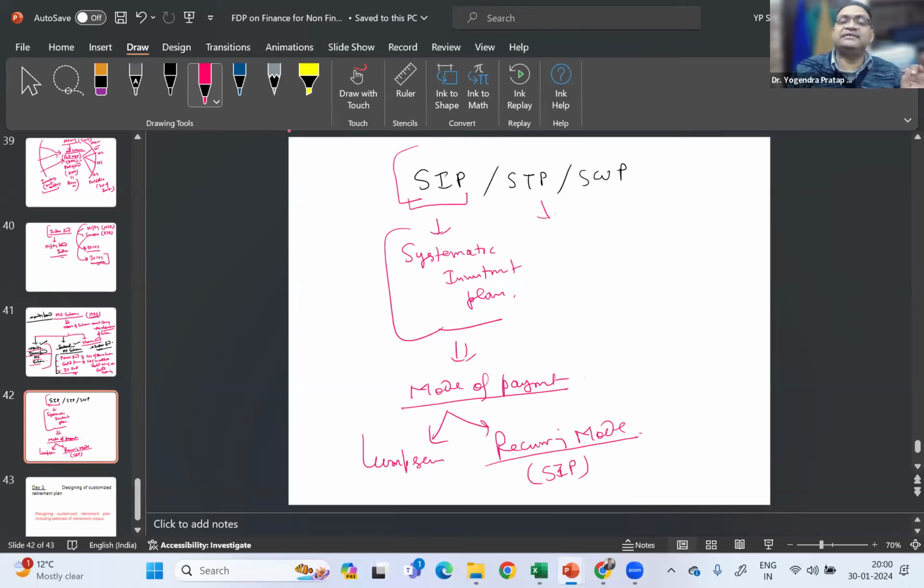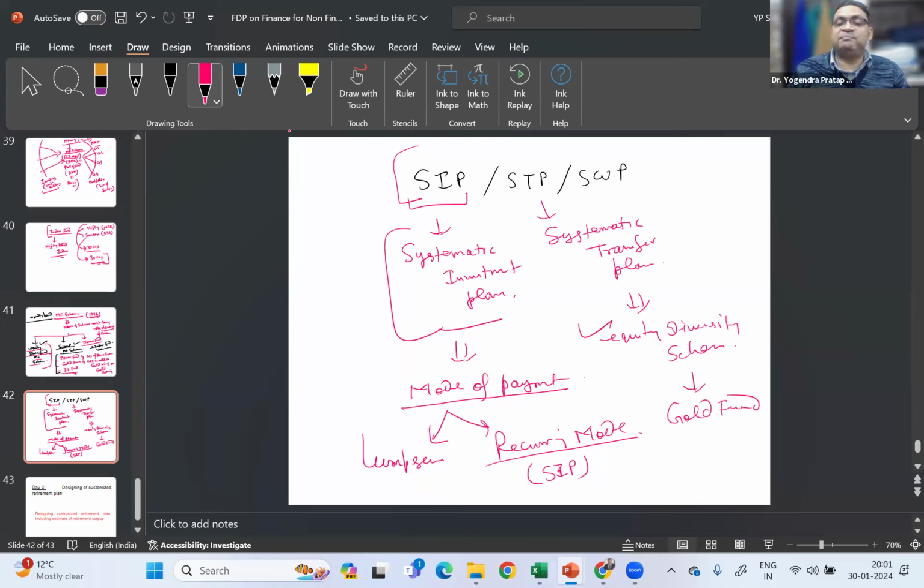Now, STP is the systematic transfer plan. Systematic transfer plan means, suppose you are in an equity diversified scheme. You have chosen an equity diversified scheme. And now you want to switch over to a gold fund.